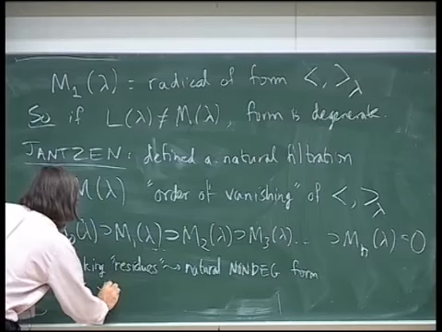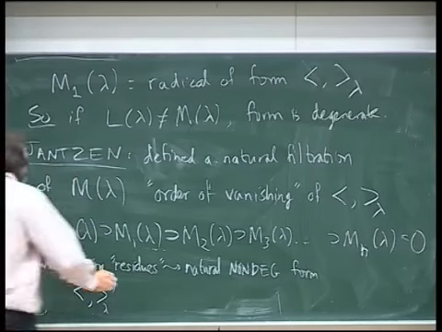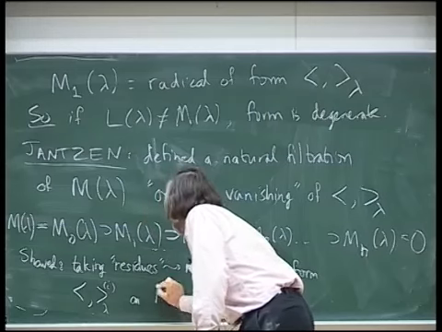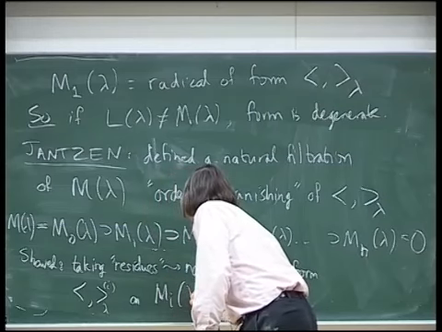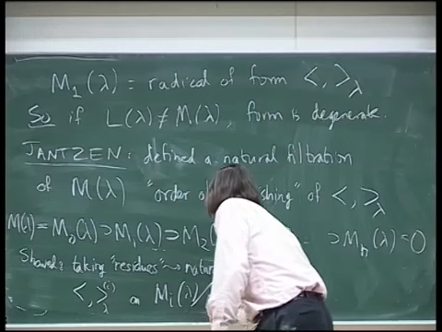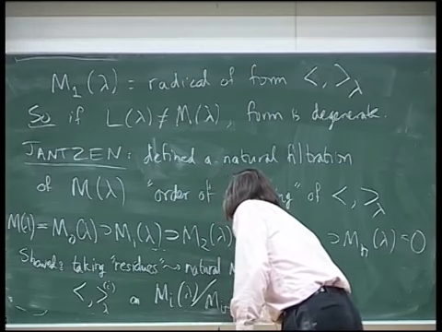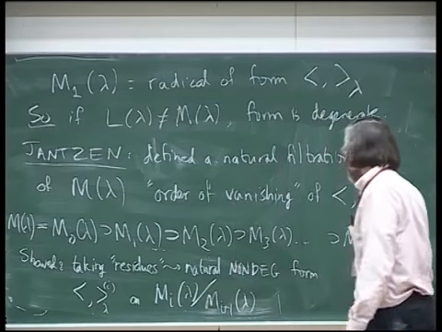Let me call it the ith form. This is on Mi of lambda modulo Mi plus 1 of lambda.